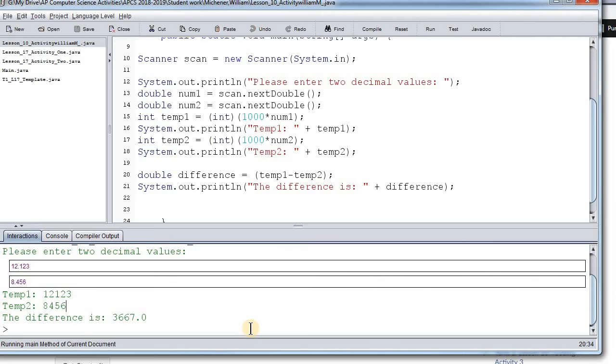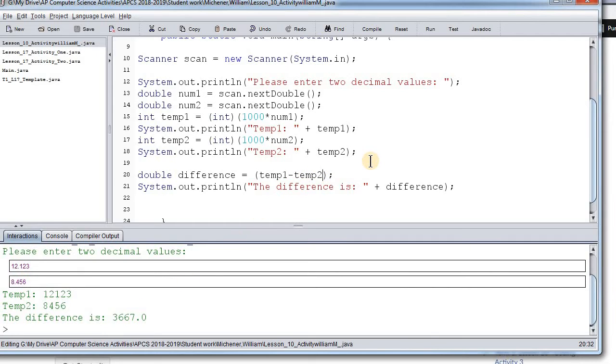I guess I better take a calculator and find out here. Hold on just a second here. 12.123 minus 8.456 equals 3,667. Yep, that's correct. Okay, but that's not our answer, right? It needs to be 3.667.